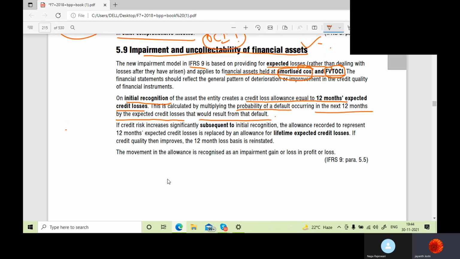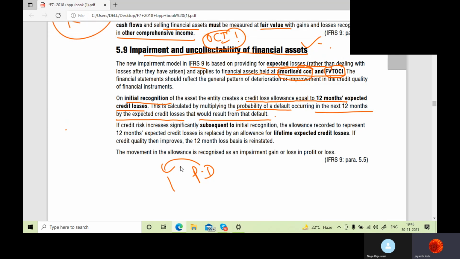So you need to take that security value and multiply it by the probability of default, so you'll get how much money might default. See, probability of default means what? The credit quality deterioration. If the credit quality goes down, then only default can happen, na? Yes, sir. But these things are not given to you in detail. I don't think in Kaplan also they have given this.